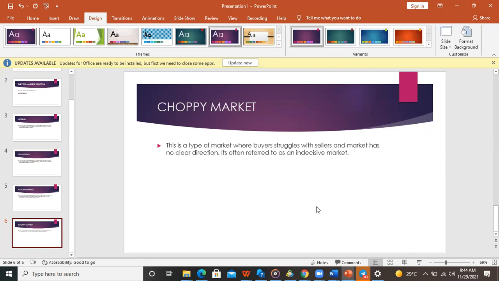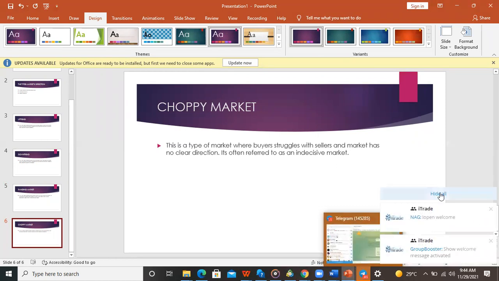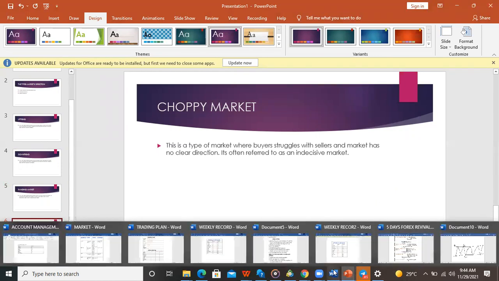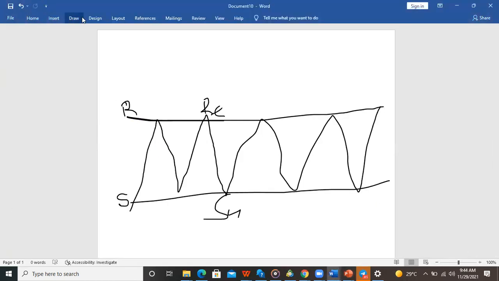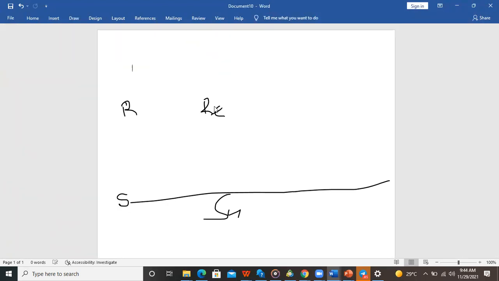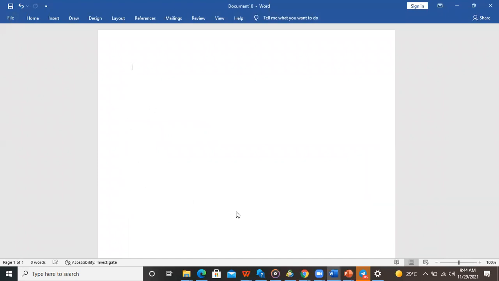Some people say indecisive. We are not doing grammar here. So it's not having any clear decision. Okay, so as usual, let's go to our drawing board, and then we'll be able to identify a choppy market.